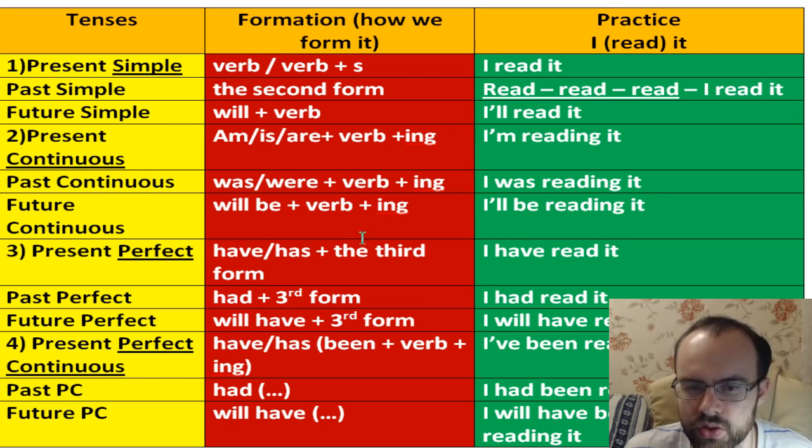And the most important thing, after you've had a look at this list of tenses and their formation, is that you need to have practice, lots of practice. And the most important and basic thing you need to do is to say one sentence in all these tenses. It'll help you memorize it much better, and you'll do it automatically.